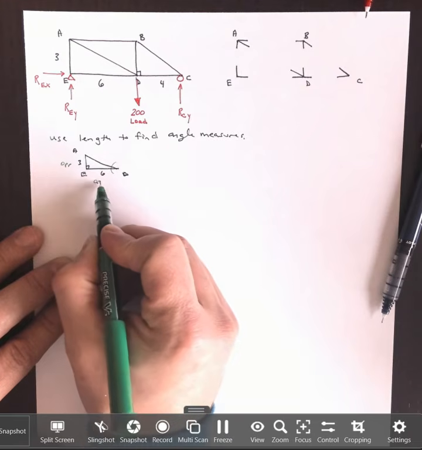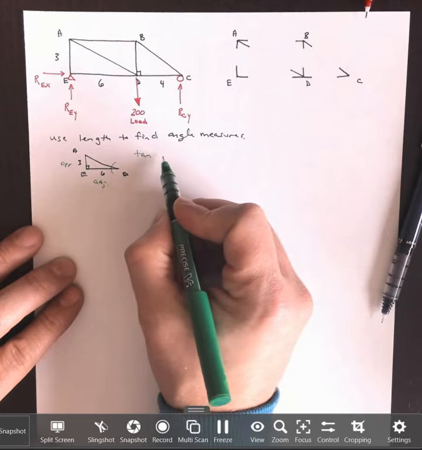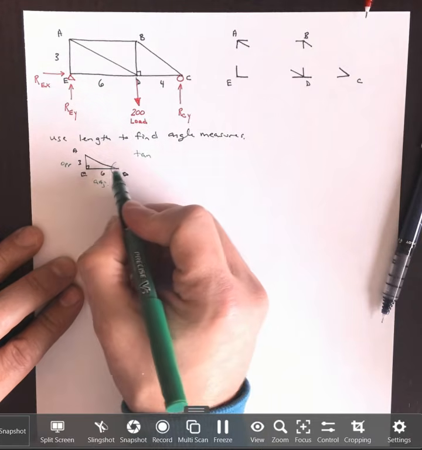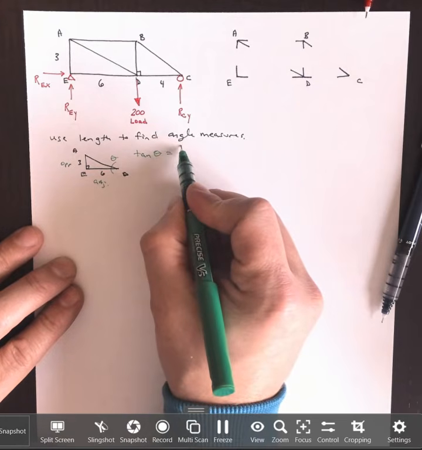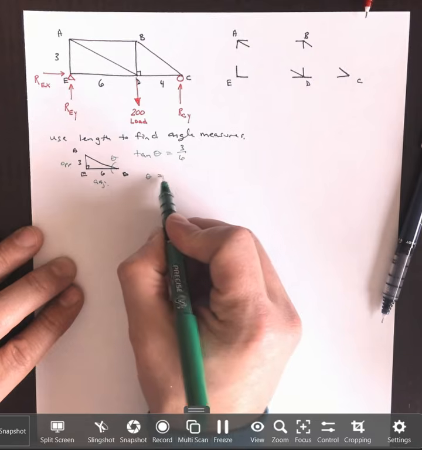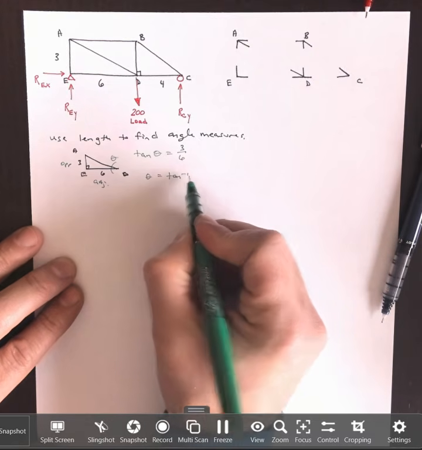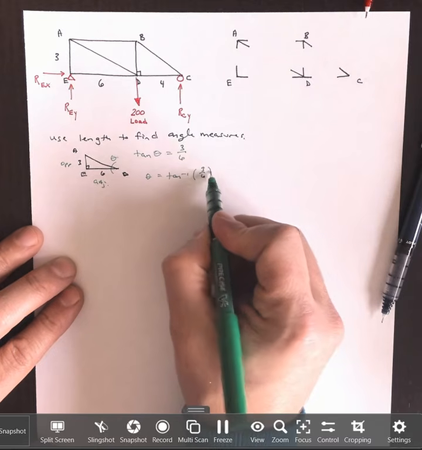That's the opposite leg, this is the adjacent leg. I would be able to use the tangent ratio to say tangent of, let me just call it theta, is equal to the opposite over the adjacent. And then theta is the inverse tangent of 3/6, which is where I need my calculator.